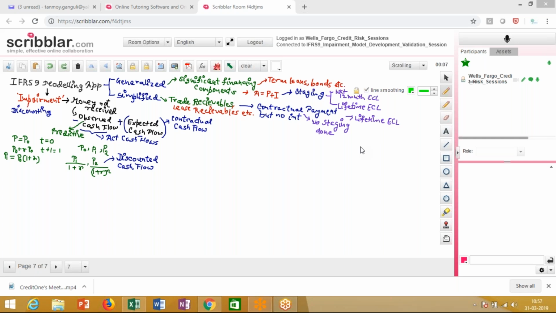What would be the key steps of developing a model with a generalized approach, and the key steps of developing a model with a simplified approach, and so on. This is what we are trying to explain in this discussion.